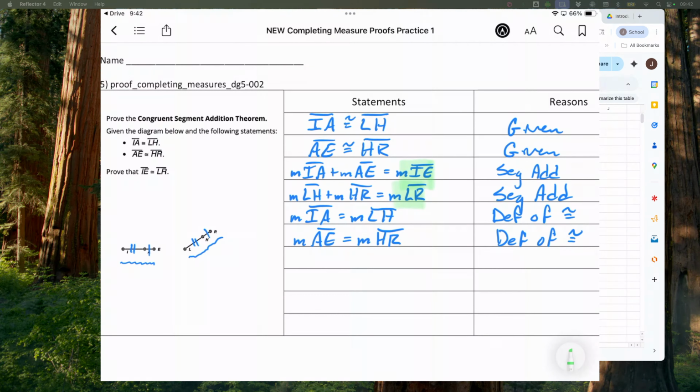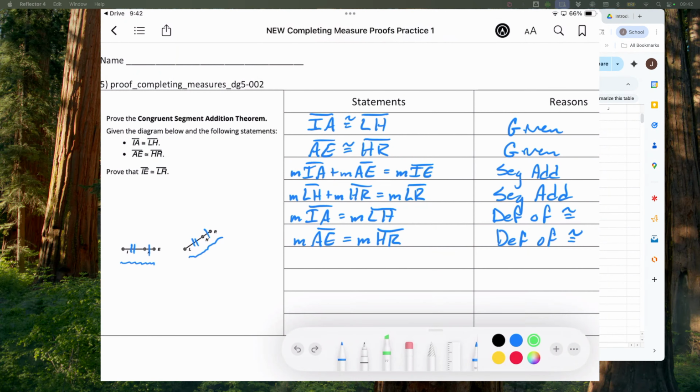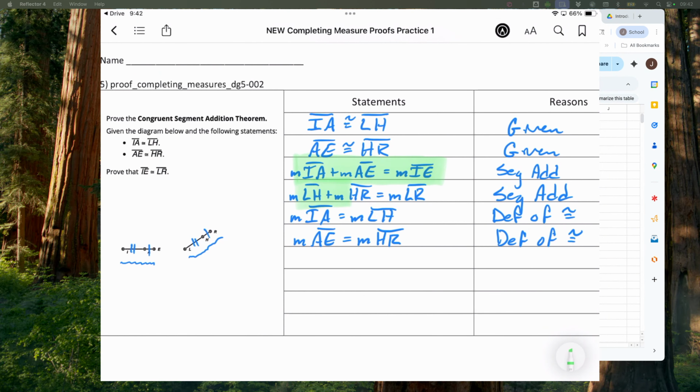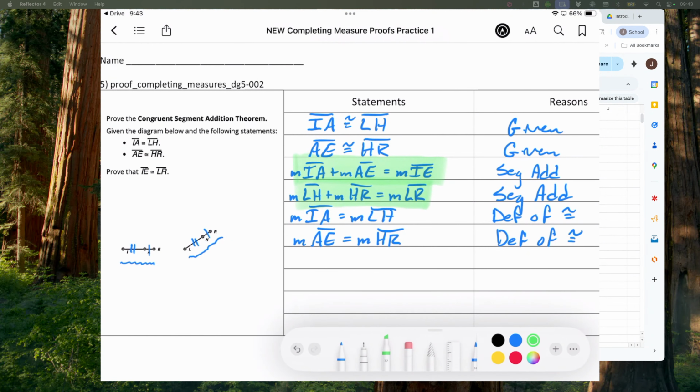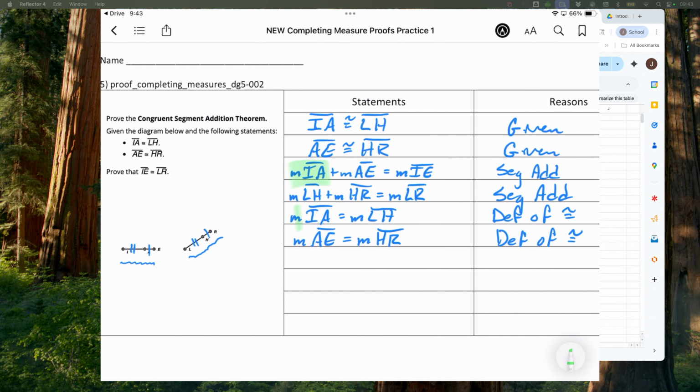This one's a little bit tricky because what we need to do is make these two have the same thing on the left side so that we can then set them equal to each other. There's multiple ways to do this correctly. I'm going to choose to replace IA here with LH.